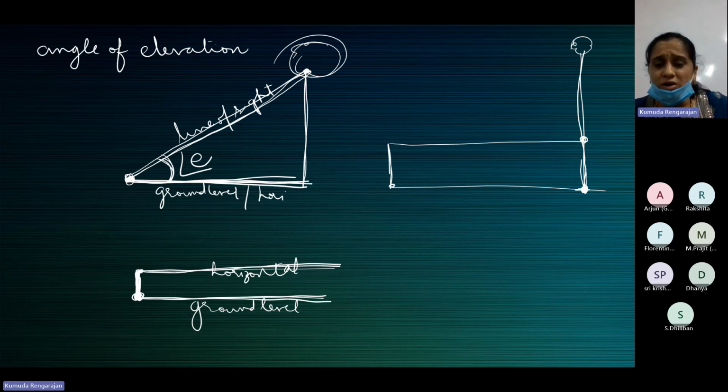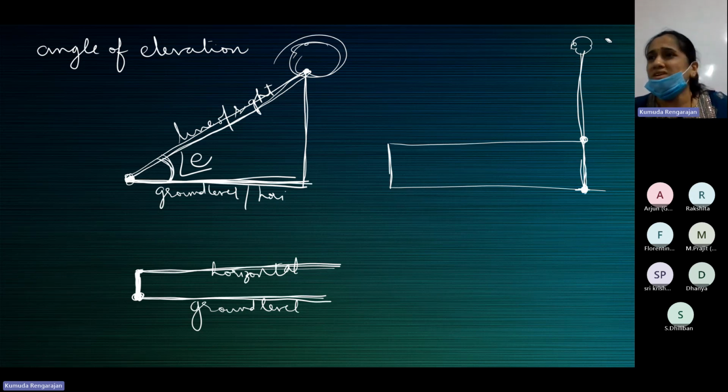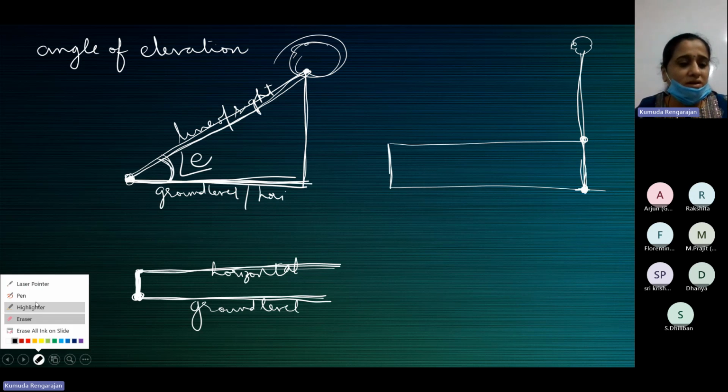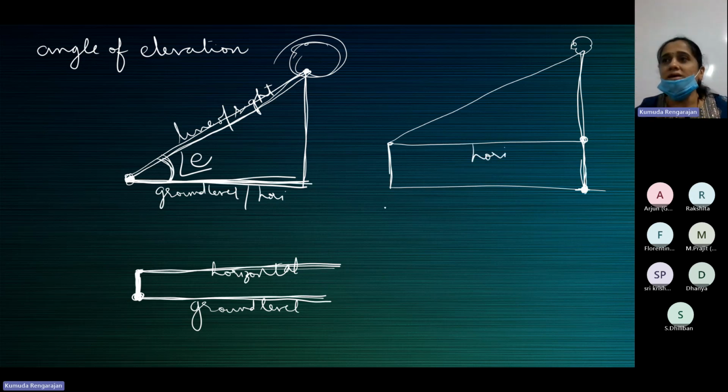So this one is not at all in the picture. That's not the line of sight, because you're connecting the foot of the observer and the object observed. That has no relevance at all here. We need to connect the eye of the observer and the object observed. This is the horizontal, because the line through the eye of the observer is the horizontal. And this is the line of sight.